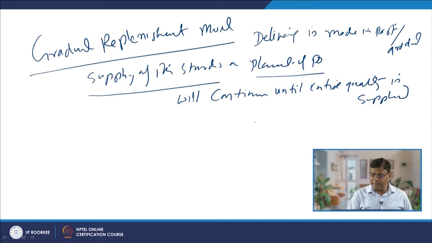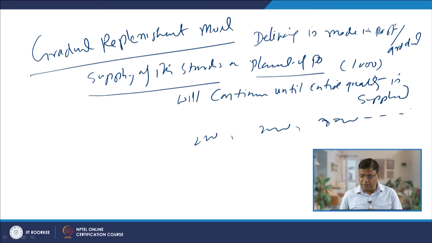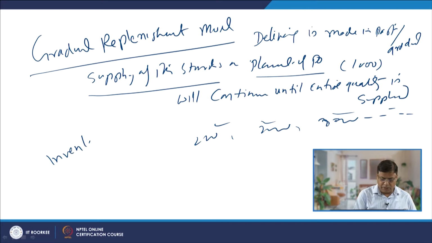So, maybe the order quantity was 1000 units. Initially it will supply 200, then again 200, then again 200, like this. This supply in stages will continue until the entire order is fulfilled. But in this situation, when the items are supplied in stages, the inventory is consumed also.